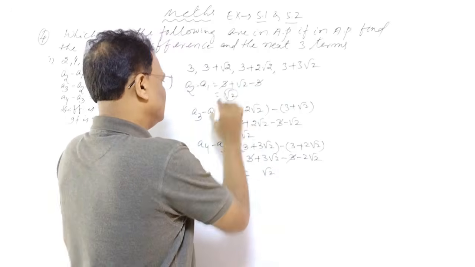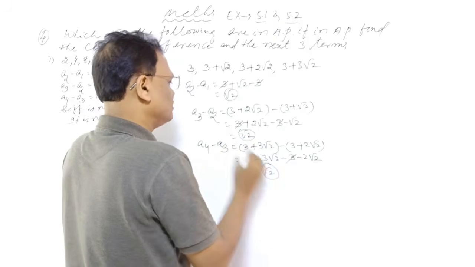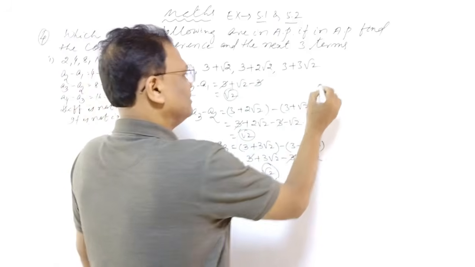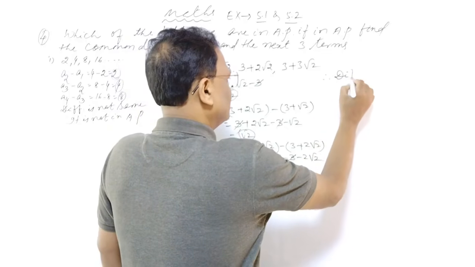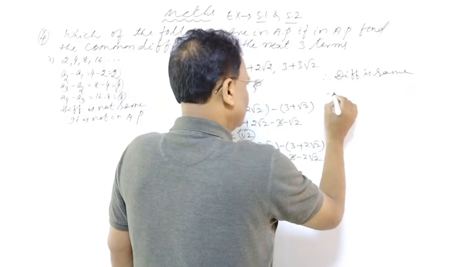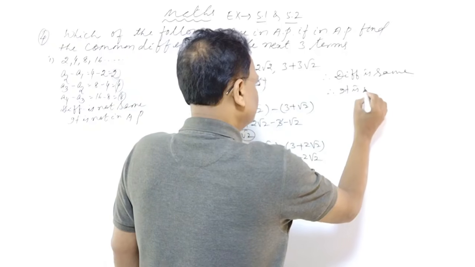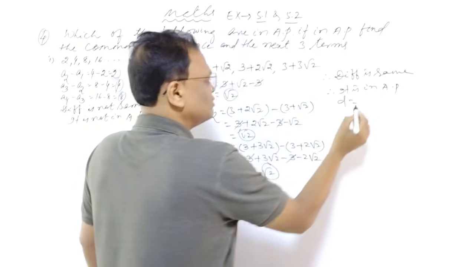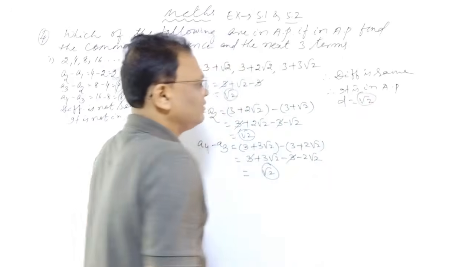That means this is again in AP because my difference is same. So write: since the difference is same, therefore it is in AP. And if it is in AP, what is the common difference? Common difference is root 2.